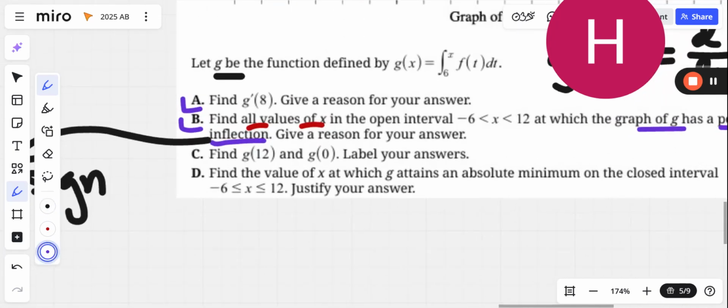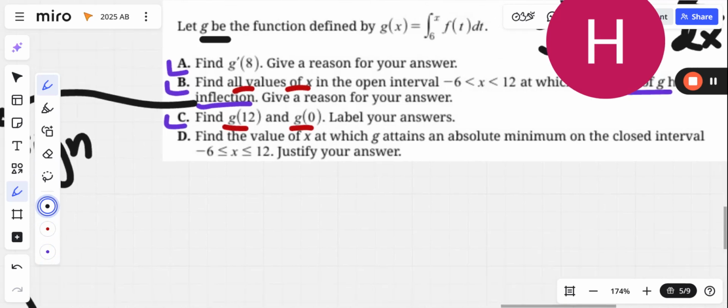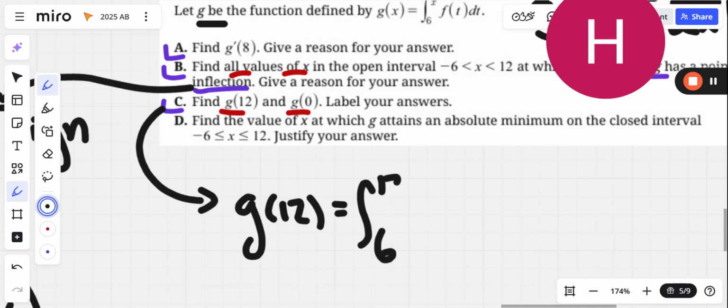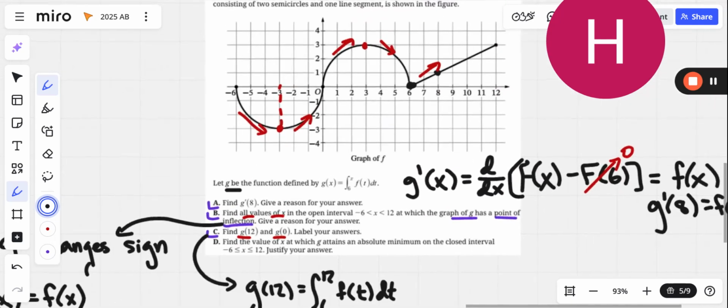Okay, let's take a look at part C. It says find g of 12 and g of 0. Notice that one of them is in front of the 6 and one of them is behind the 6, so we just have to be a little bit careful about that. G of 12, fairly straightforward. It's just the integral from 6 to 12 of f of t dt.